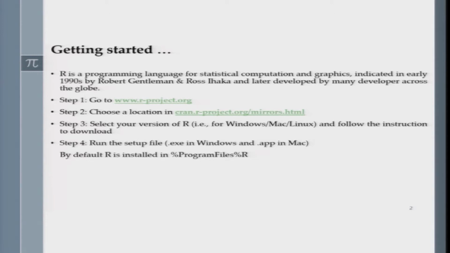Once you have to conduct some data analysis with the software, you have to get a copy of it. So, you go to the www.r-project.org link that I am showing here, and then you choose a location, and then you select your version of R. You may be a Windows user or a Mac or Linux user. So, you choose your version of R and download it, and then after you download the file, you need to run the setup file of course, and then you are all set.